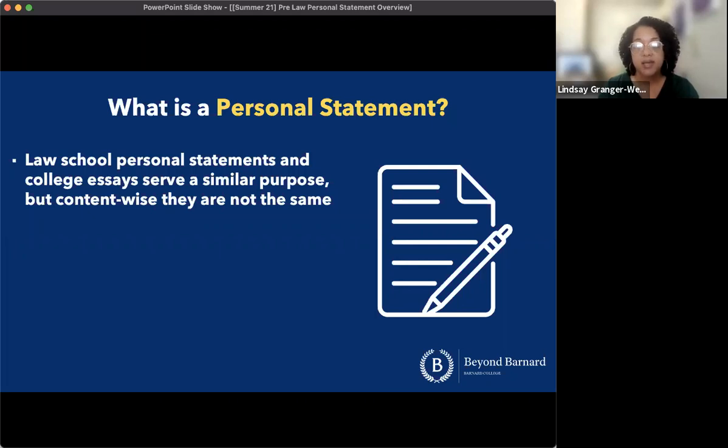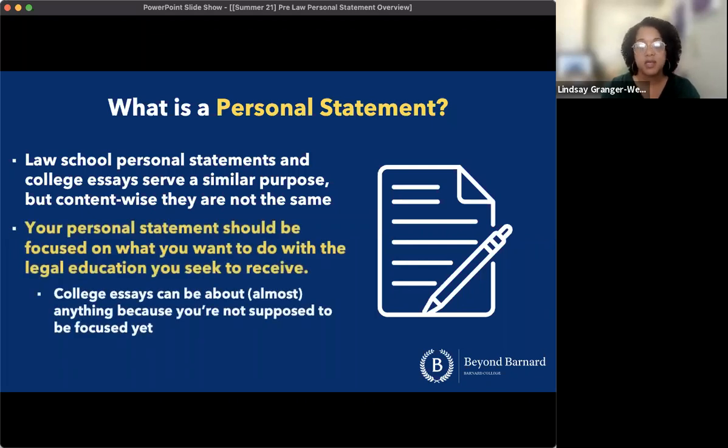But content-wise, they're not the same, because the law school personal statement is supposed to be much more focused on law school. A personal statement or a college essay, especially for somewhere like Barnard, is meant to be very broad, meant to show that you're well-rounded, intellectually curious, able to really take advantage of all the different experiences that a school like Barnard would have to offer.